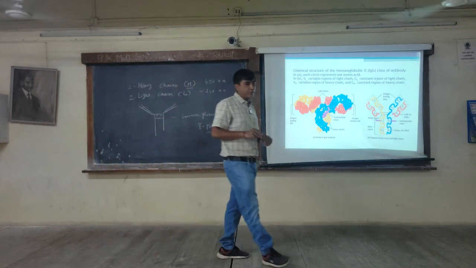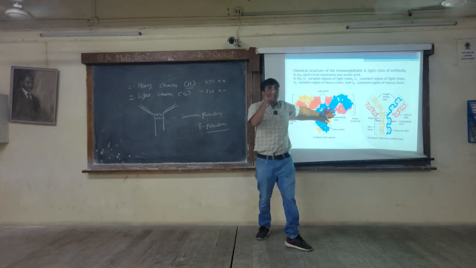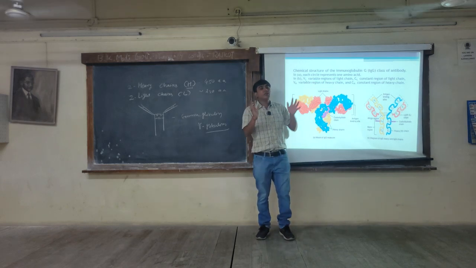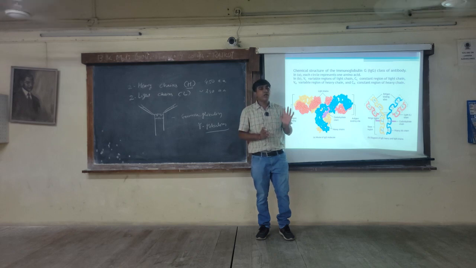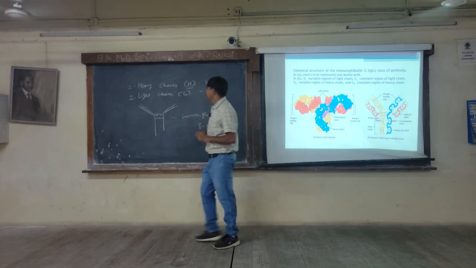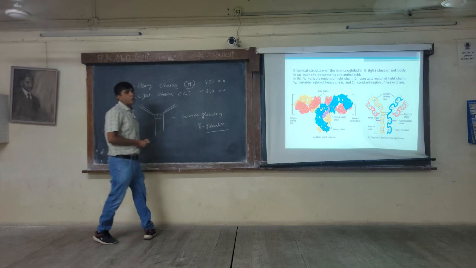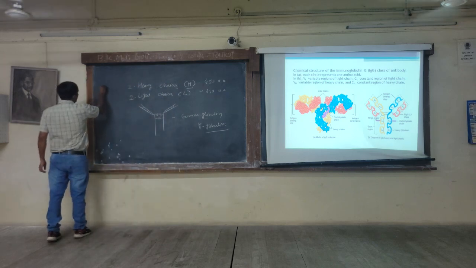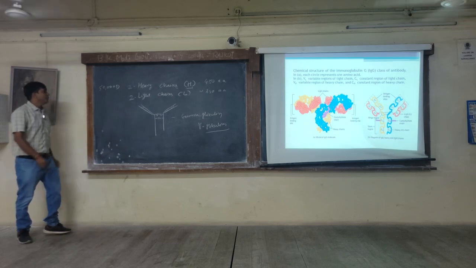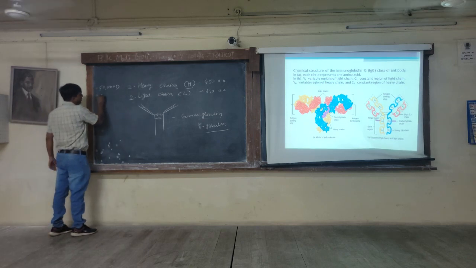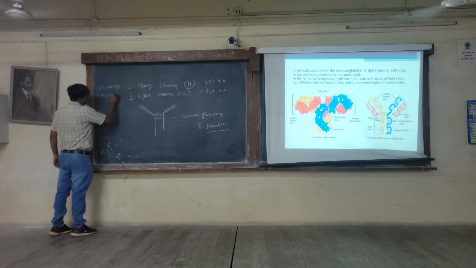This is because of the gamma shape, and they are globular proteins. As a whole, the molecule will appear like a sphere, like a globule. That is why they are called gamma globulins. Now, each heavy chain is having the molecular weight of approximately 50,000 daltons, while each light chain is having the molecular weight of approximately 25,000 daltons.